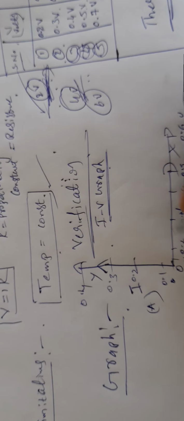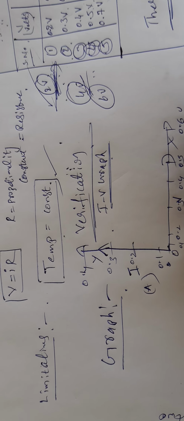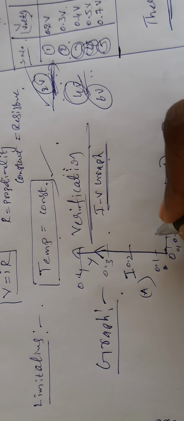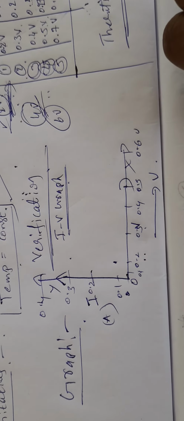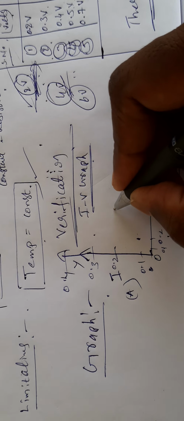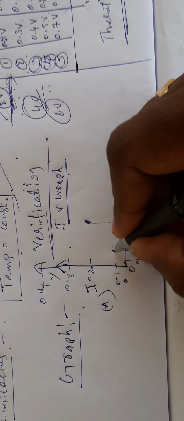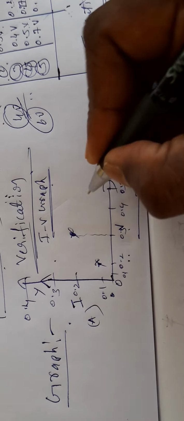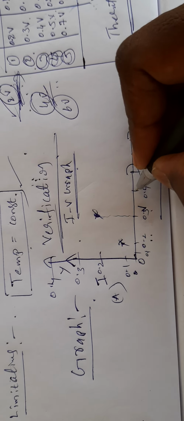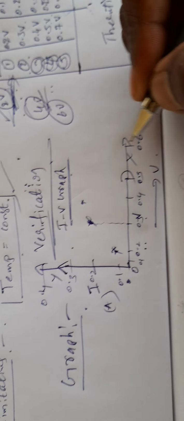Now as per the graph, first for 0.2 volts, 0.1 ampere, here you will get the point. For 0.3 volts, 0.2 ampere, it will become straight like this. One point here, another point is here. At 0.4, 0.25, a little here.